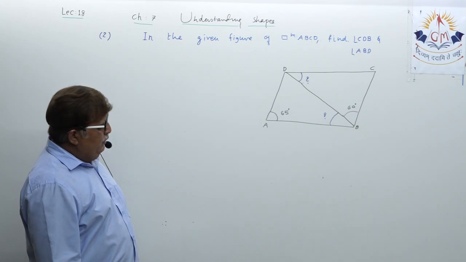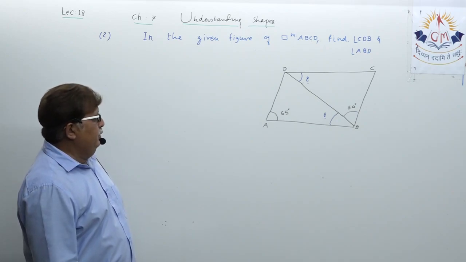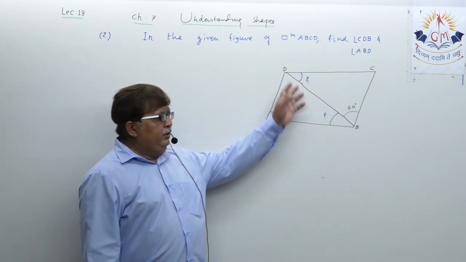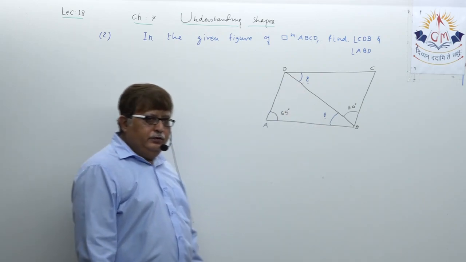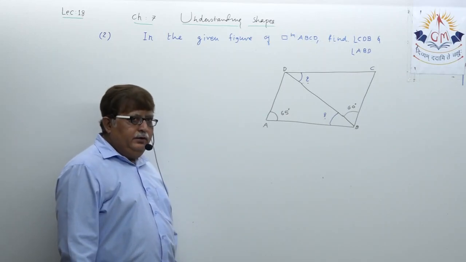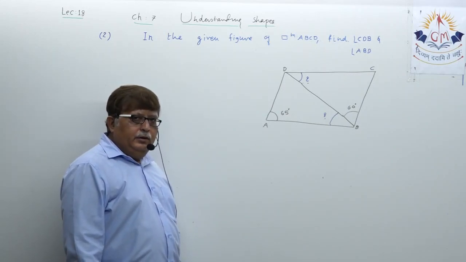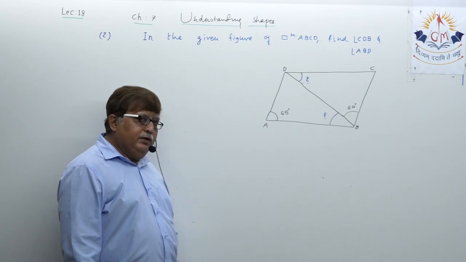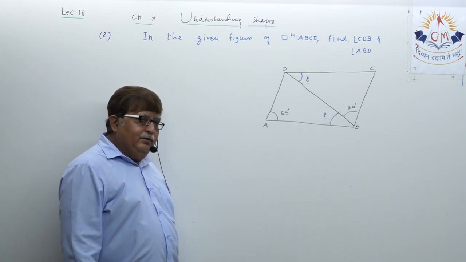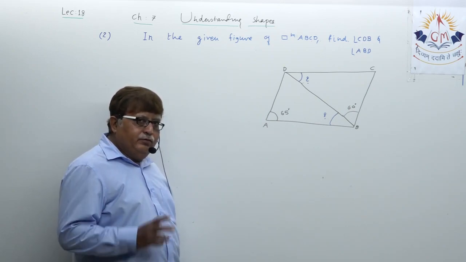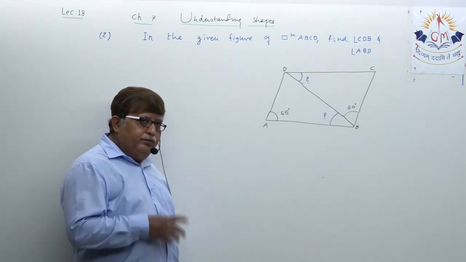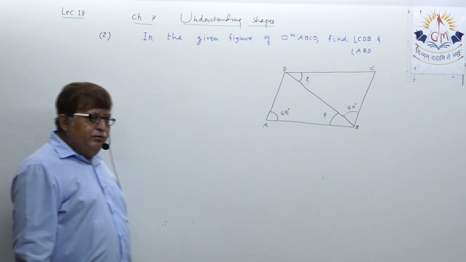Understood? Then and then you can solve this. Here the main confusion is which angle to find first, either to find ABD or to find CDB. That's a big question here. Which angle to find first? And which angle you find first will facilitate you and comfort you to find the other angle. That's very important.